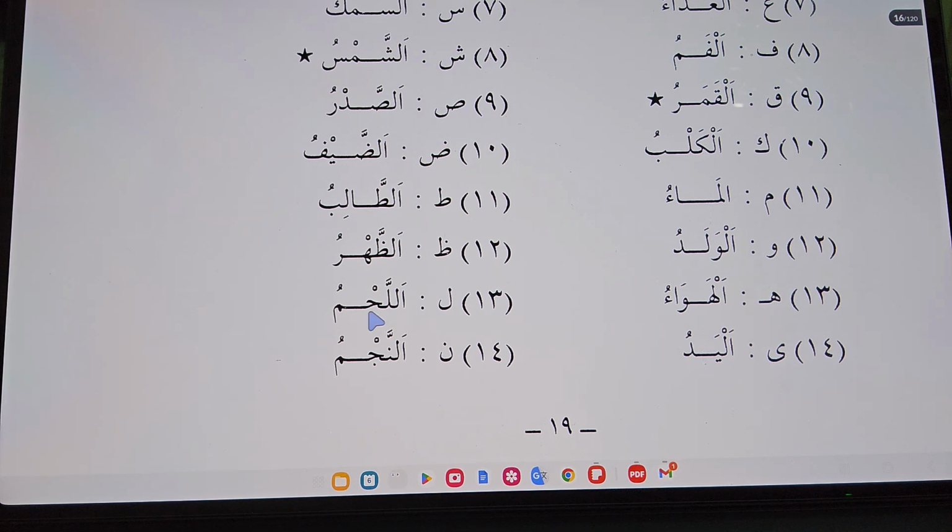When you say nakira for this word, how do you say it? Laham. Read with the correct full vowels. Laham. How does it end? Lahmun. Is it nakira or ma'rifah? Nakira. And if you add alif lam, is it nakira or ma'rifah?